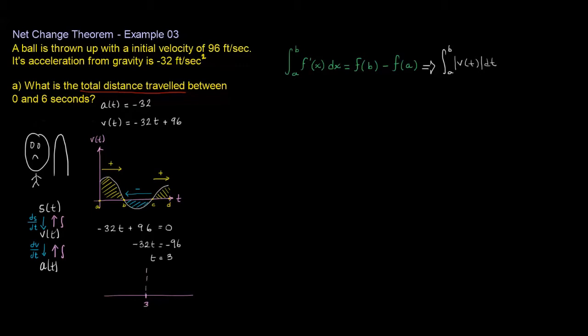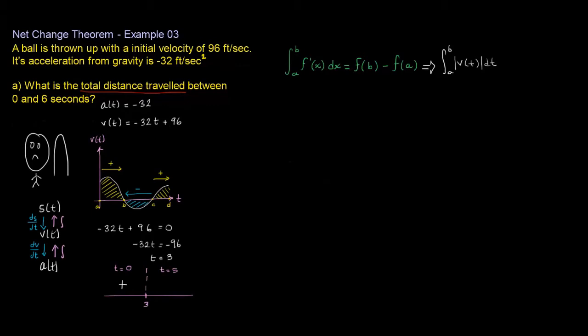Well, let's test these intervals. I'm going to pick a value for each interval. Let's say I pick t equal to 0, and here I pick t equal to 5, and let's see what we get. If I substitute t equal to 0 in this velocity expression, the first term will cancel out, and we clearly get a positive value.